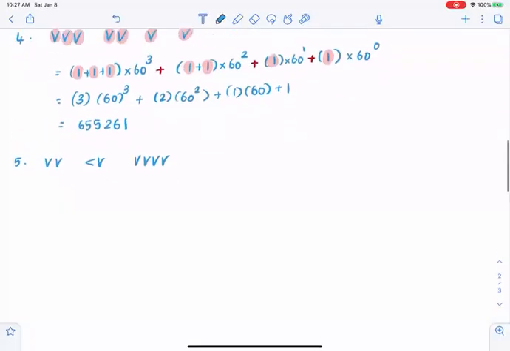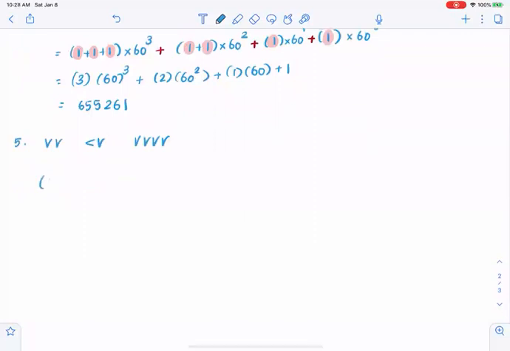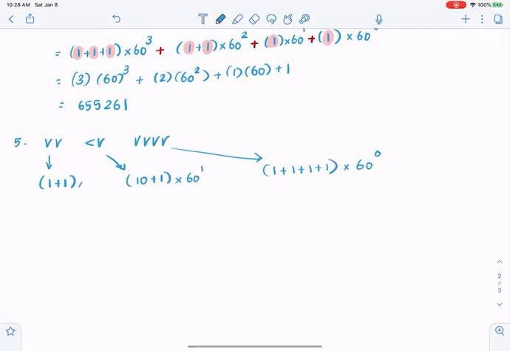So each V would mean 1. So 1 plus 1 for the first term. The second term would be 10 plus 1. The third term, 1 plus 1 plus 1 plus 1. And I'm going to multiply by 60 raised 0, 60 raised 1, 60 raised 2 for the positions.